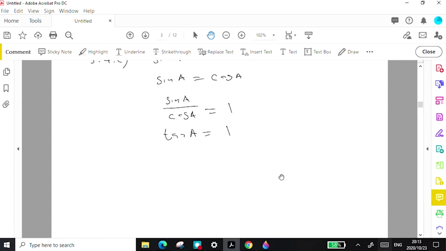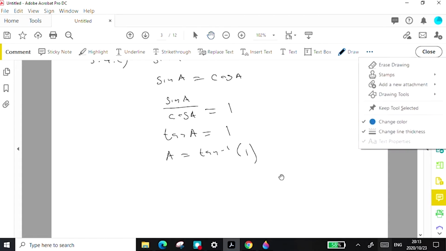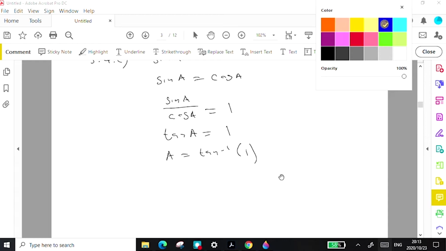And this is 1 when A is equal to arctan of 1. And this is clearly from the 45 triangle.